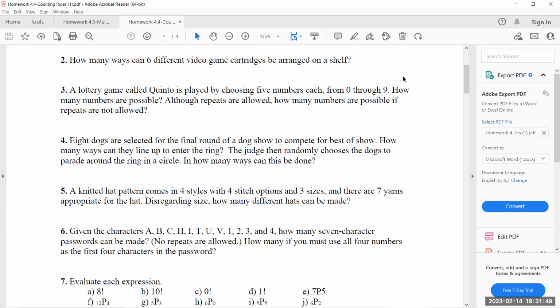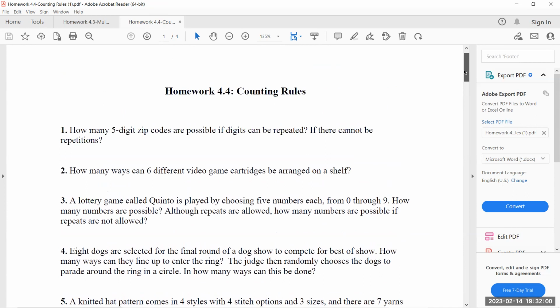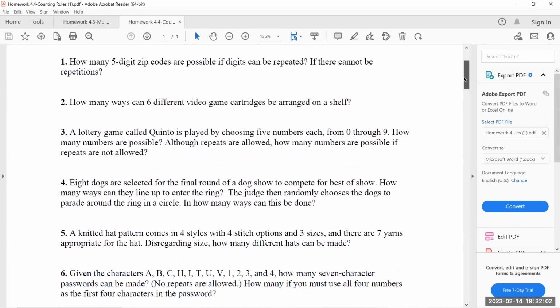So for number 2, would there be like 6 ways to arrange video games on a shelf? 6 for the first one, right? Okay, 6 for the first one, then what? 5 for the second one, and then 4, then 3, and then 2, and then 1.